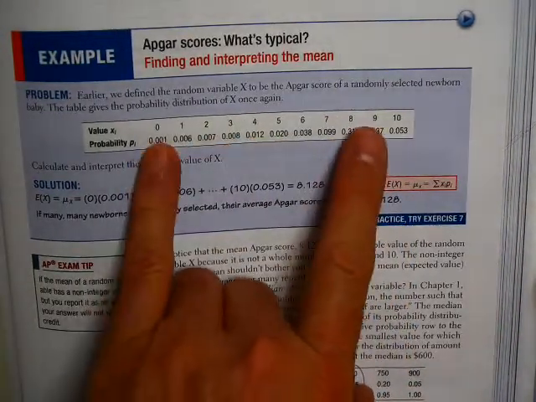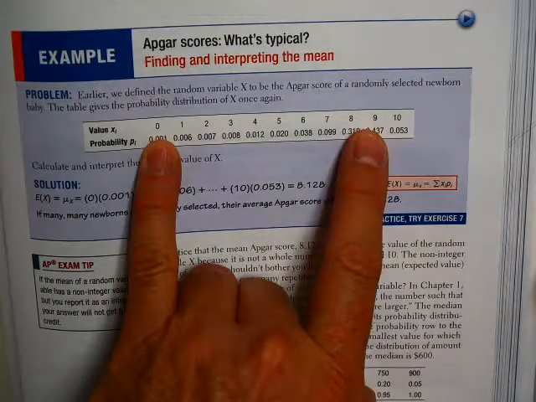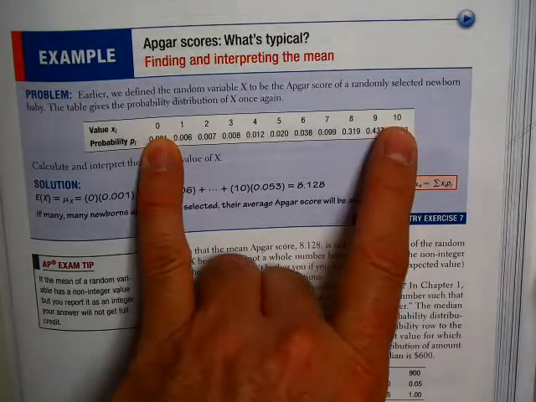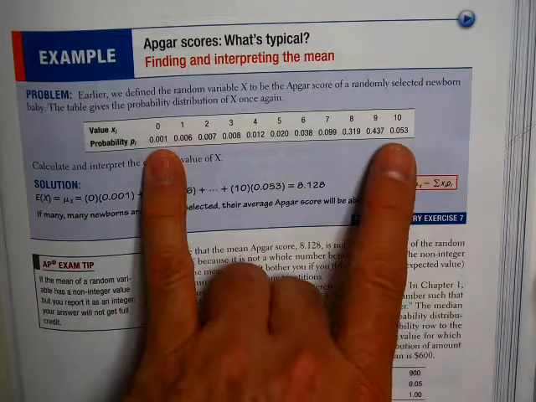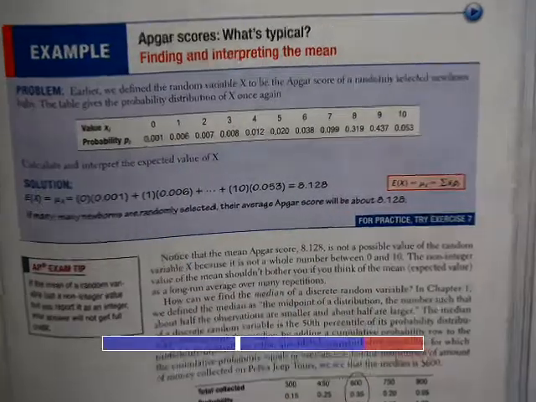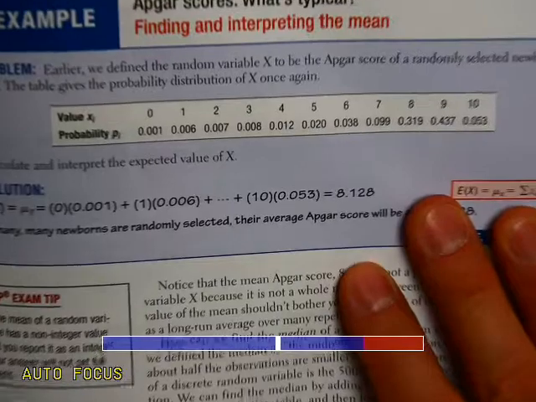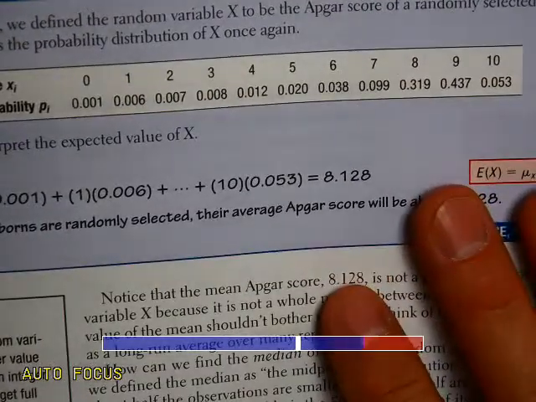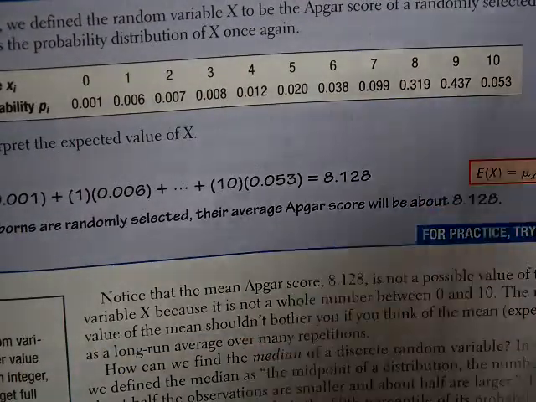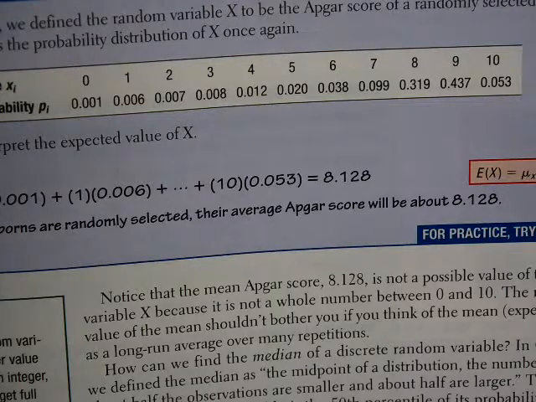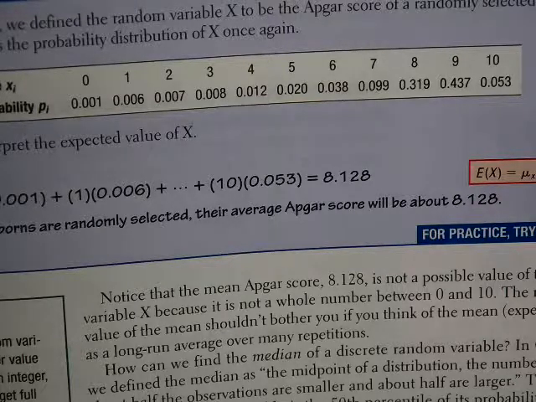And what I want you to do is put into L1 your 0 through 10, and put into L2 the probabilities. I'll zoom in as much as I can, but this is on page 367. Yeah, L1, 0 through 10.